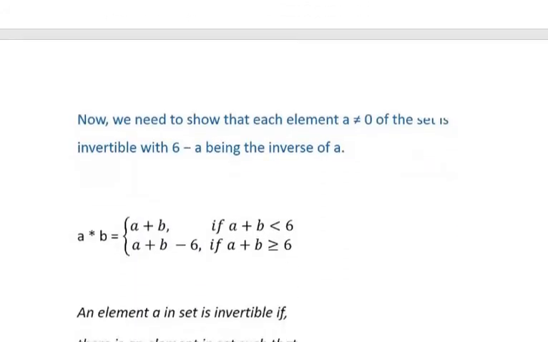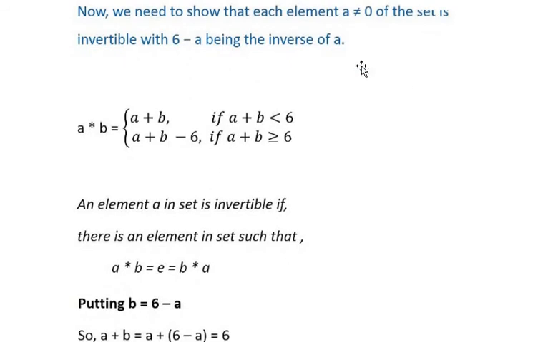Now, for the inverse, we need to show that each element A which is not 0 is invertible with 6 minus A as its inverse under the binary operation. So A star B equals e equals B star A is what we want, but here our identity element e is 0.